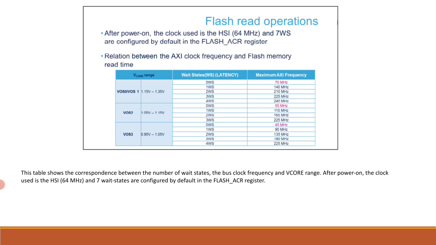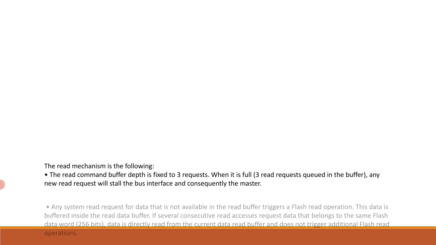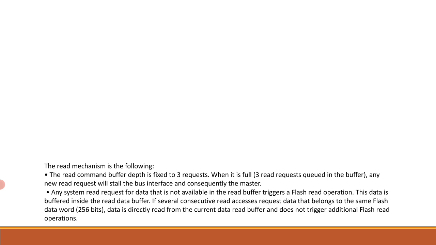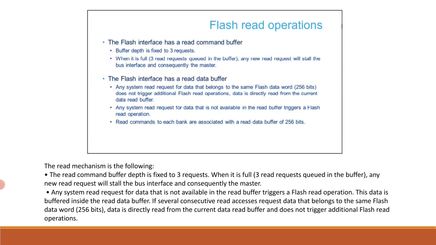The flash interface has a read command buffer. The read mechanism is the following. The read command buffer depth is fixed to 3 requests. When it is full, with 3 read requests queued in the buffer, any new read request will stall the bus interface and consequently the master.